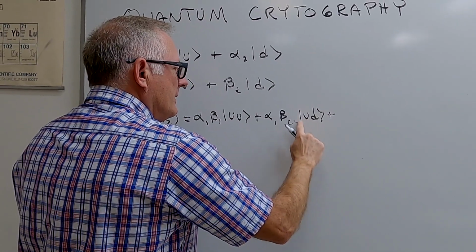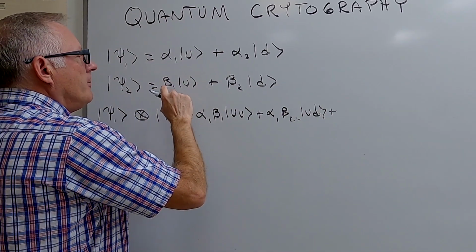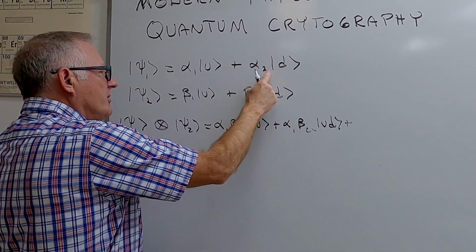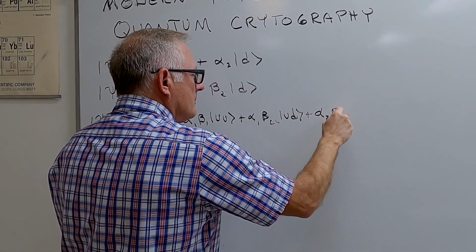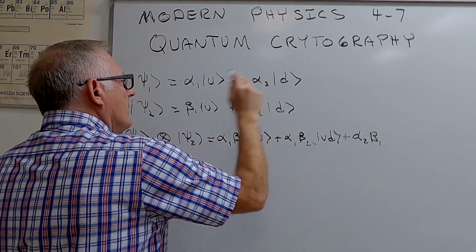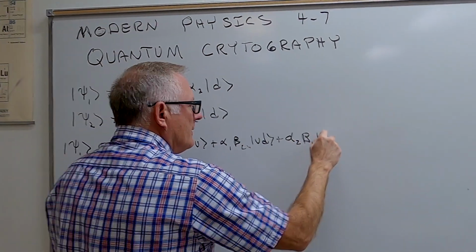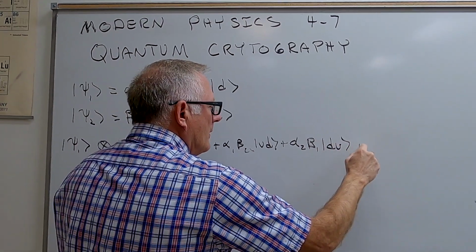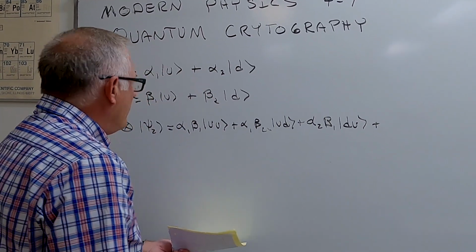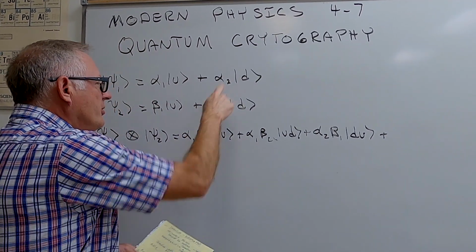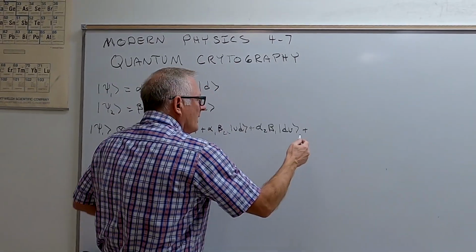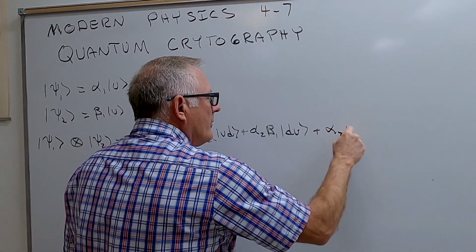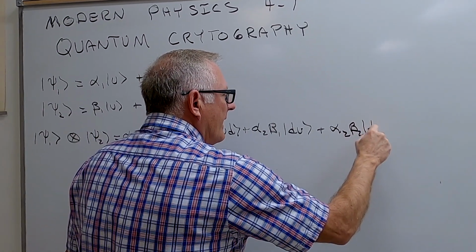Plus alpha 2, beta 1, down, up, plus alpha 2, beta 2, down, down.